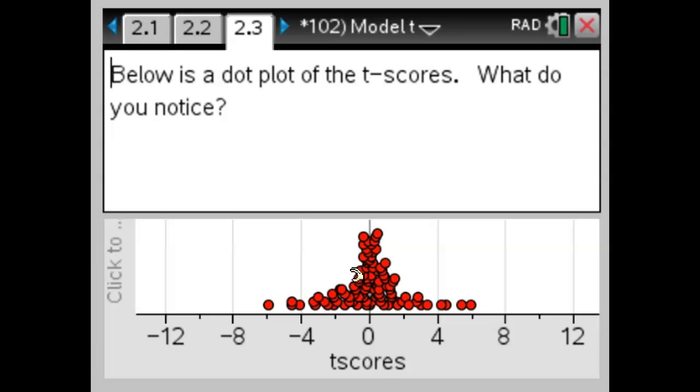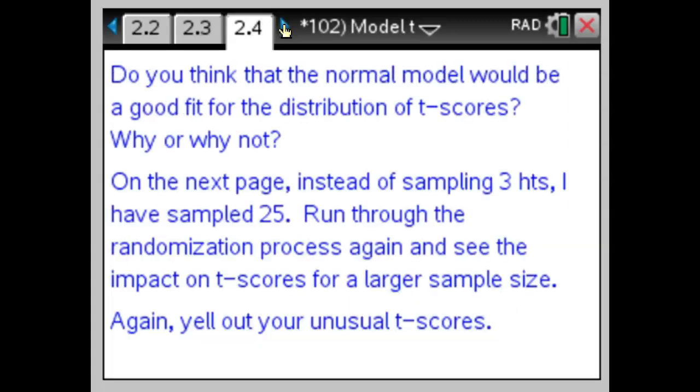And when we did our simulation, these scores are stretching almost as far as -6. And we can get even larger ones.